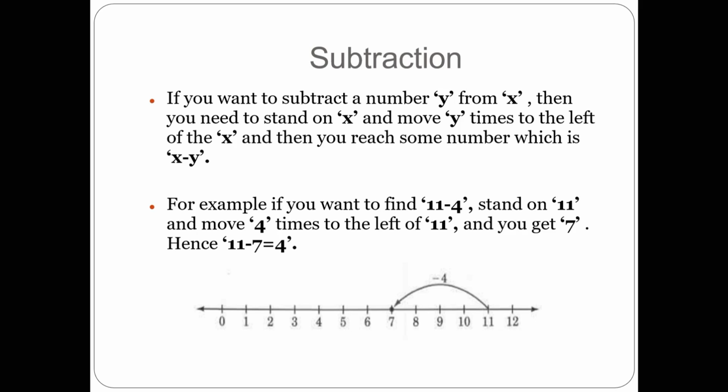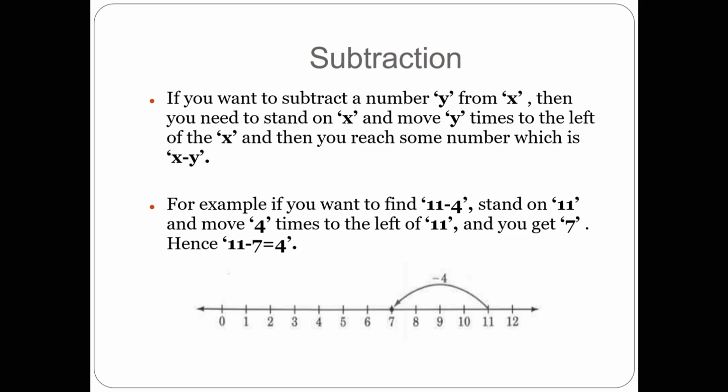You see, you have to find 11 minus 4. So you stand on 11 and move 4 steps to the left. That is, one step is 10, another step is 9, another step is 8, and another step to the left is 7.